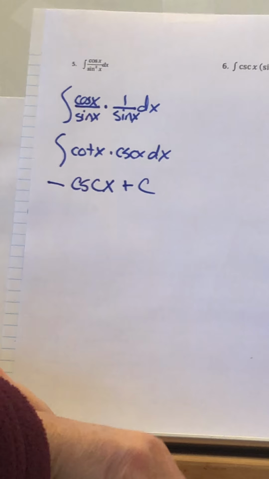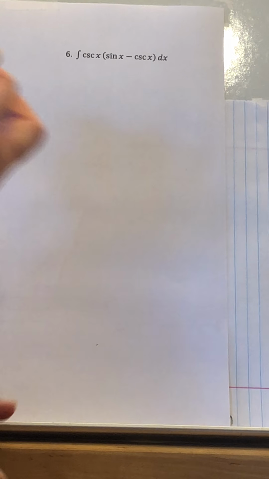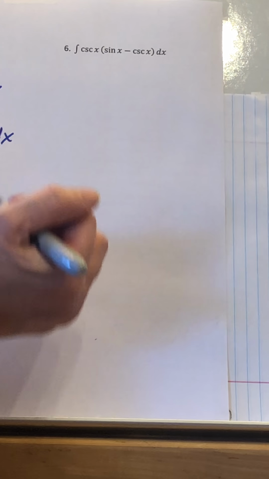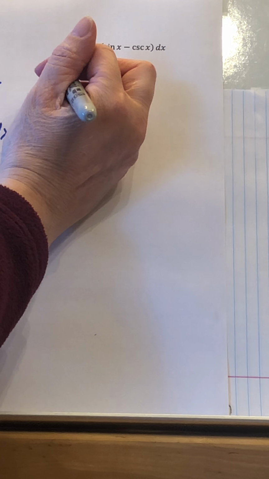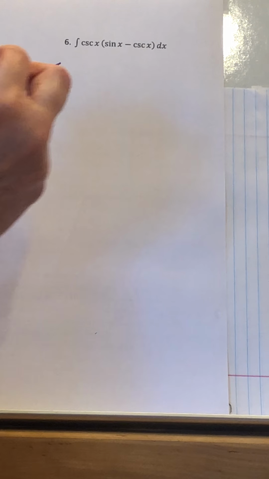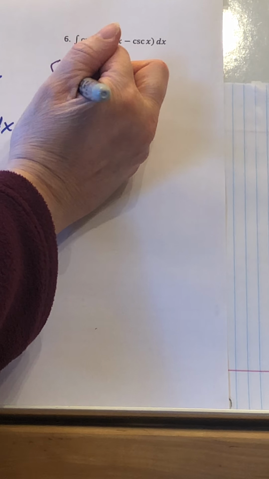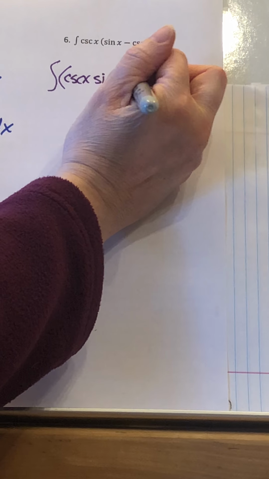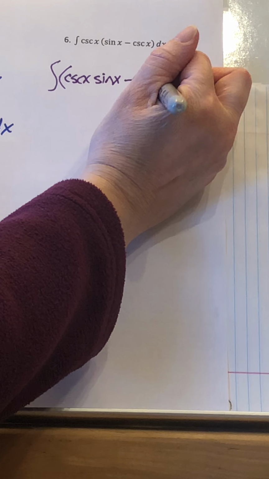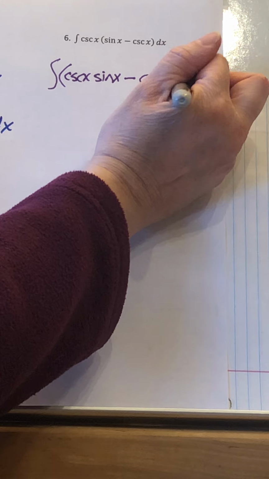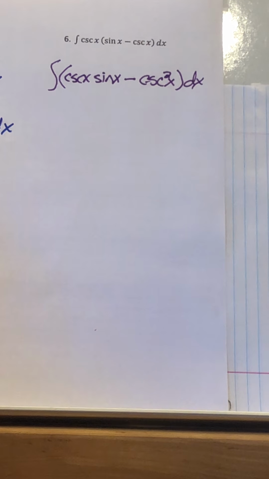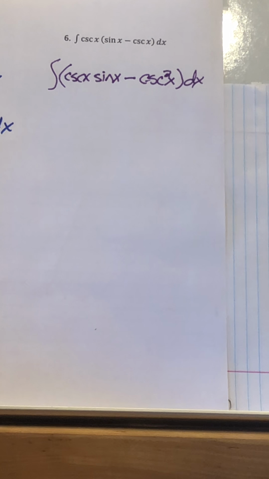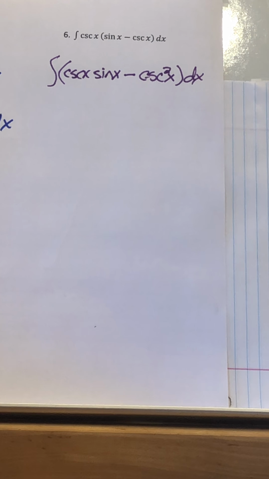My last example, I have cosecant outside of a parenthesis being multiplied. So I'm going to distribute it through. I'm going to have cosecant x times sine x, minus cosecant times itself, which makes cosecant squared. Then I look to see what is on the list of derivatives.